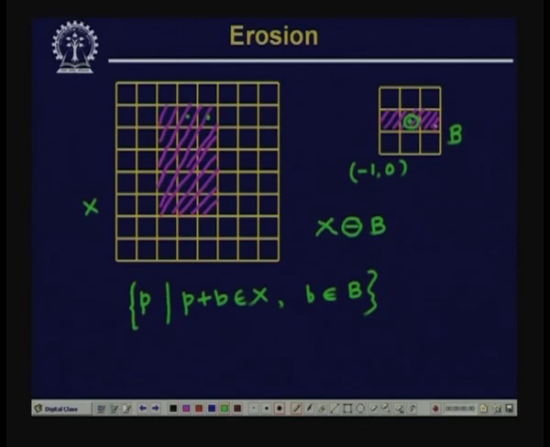But if I consider this particular point in our structuring element B, the point in this case is 1 0, and I consider this P, now you find that this P plus B, in this case B is 1 0, gets shifted to this particular location and this point is not a member of X. So, we infer that because our definition was that this condition should be true for all B belonging to the structuring element capital B, though this condition is true for B equal to minus 1 0, this condition is not true for B equal to 1 0.